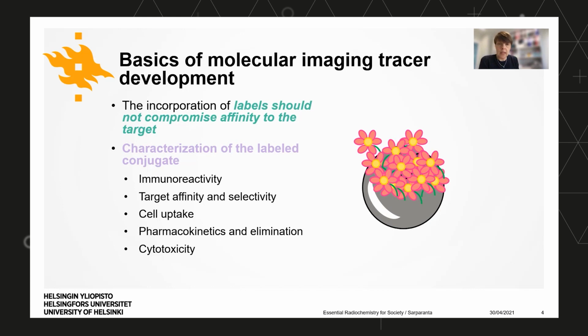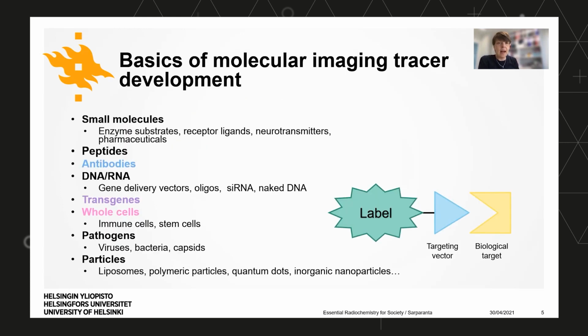So therefore, the characterization of the labeled conjugates in terms of immunoreactivity, if they're antibodies, target affinity and selectivity really with all tracers, cell uptake for those that are supposed to internalize, pharmacokinetic and elimination profiles and routes, and especially in the context of immune cells, in terms of cytotoxicity. So we have to know that the cytotoxicity of these immune cells towards cancer cells is being preserved upon labeling, and this has to be critically assessed. All right, we can move on.